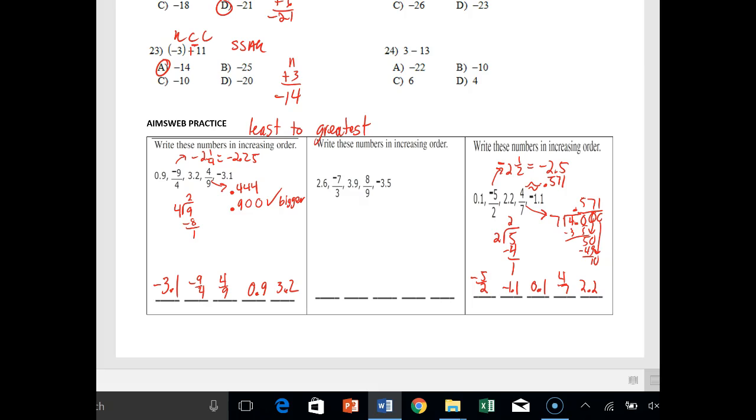You have the skills and the number sense. This is going to be about negative 2 and a little bit more, so it's furthest left. Negative 1 and a little bit more. 0.1. This is obviously greater than 0.1, and it's obviously less than 2.2. So you could still put these in order without even showing work if you had to. But I'd like you to try and show work on this one.